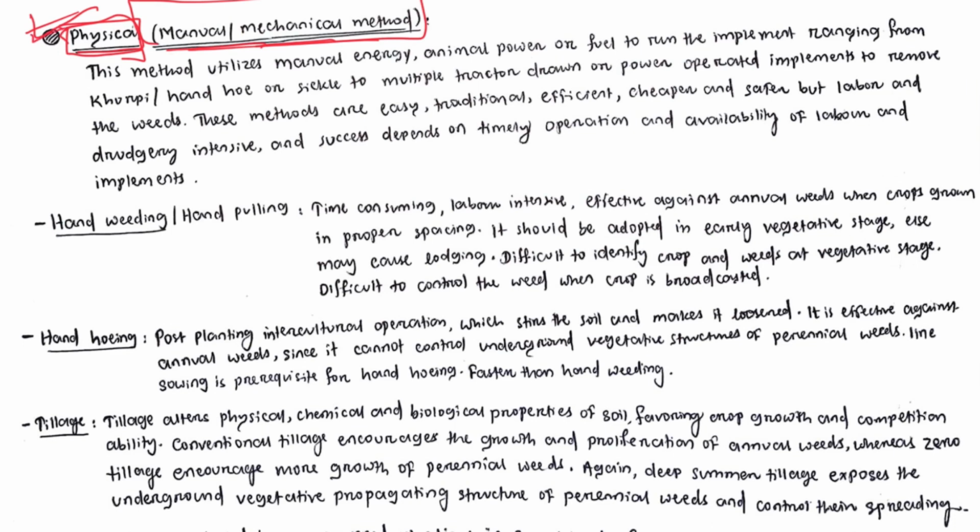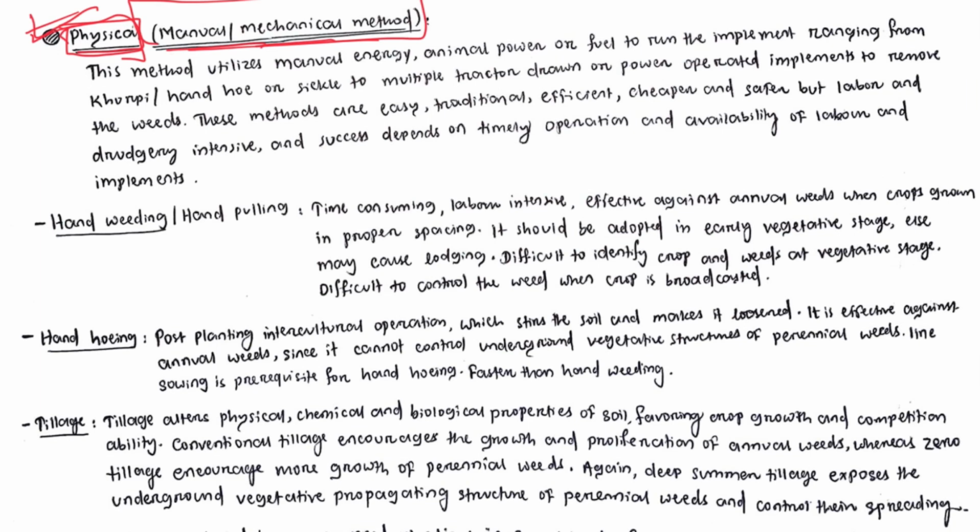In the physical approach of weed control, we are basically imposing certain power, either manual power or mechanical power, to control the weeds. But here the main problem is that we are using energy.